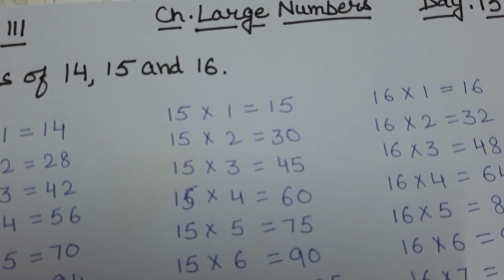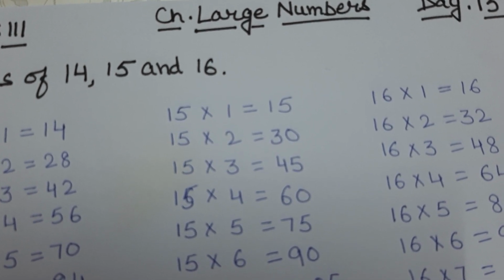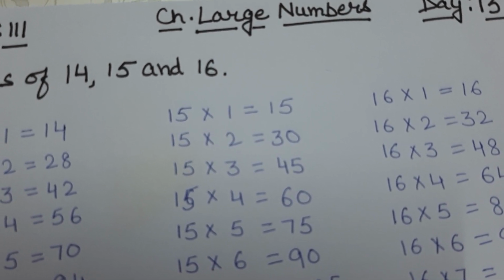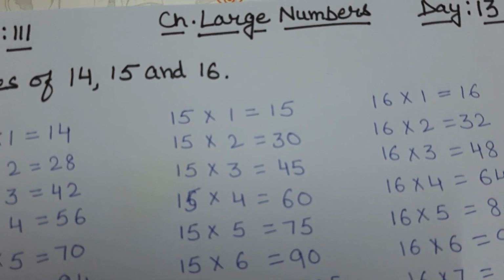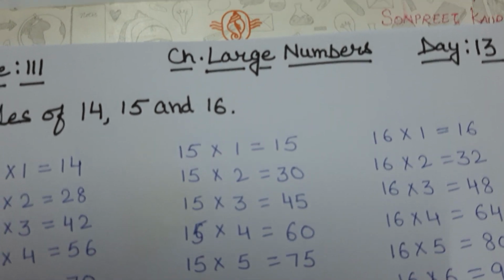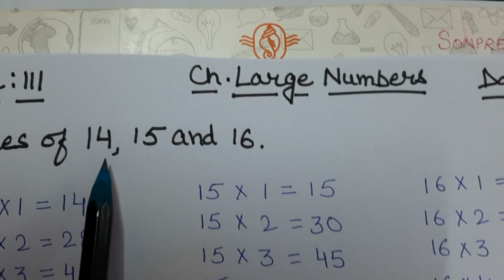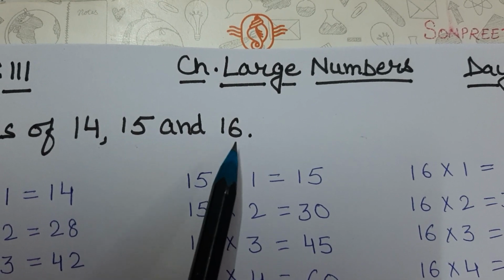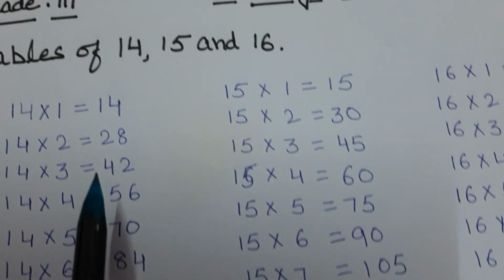So those who wrote it honestly, regularly, I'm 100% sure now they are able to write these tables. Okay, so next three tables I am taking today, tables of 14, 15 and 16. Okay, so speak after me.